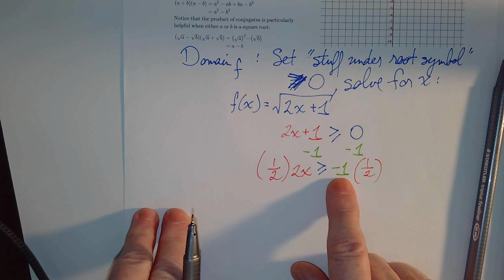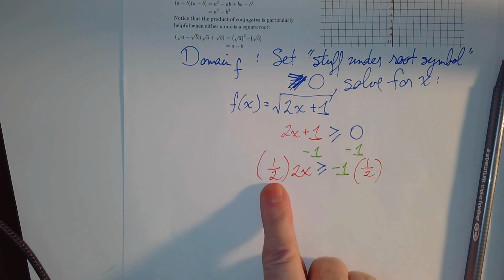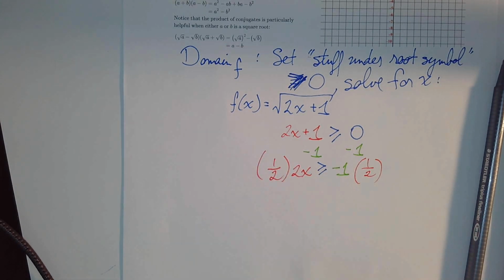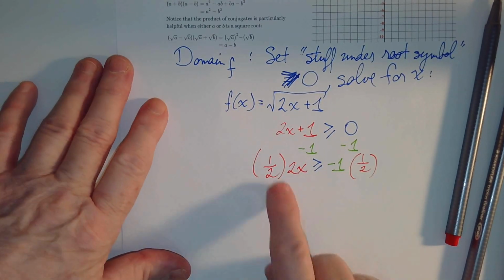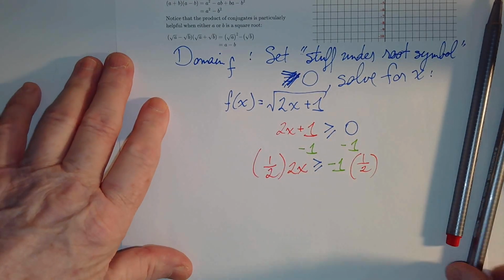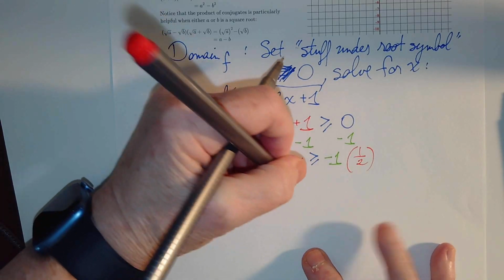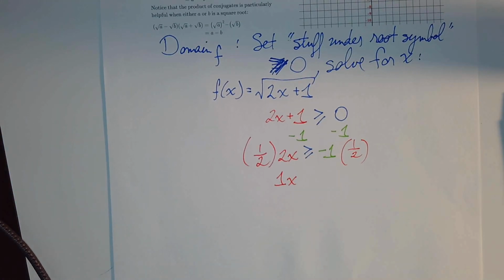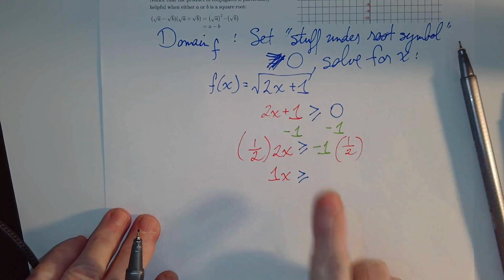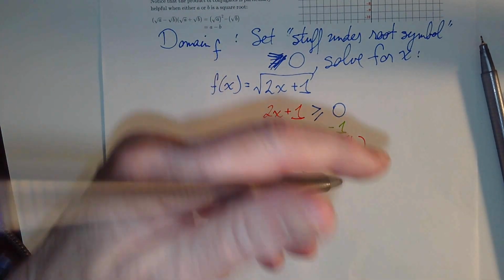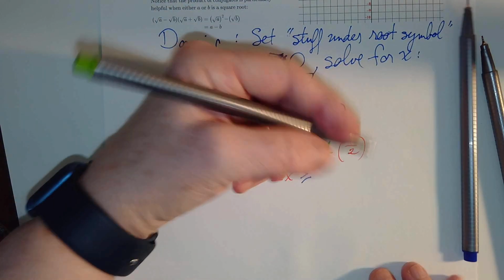And I see that this number I'm multiplying by is positive, so I'm groovy. I don't have to worry about weird signs. 1/2 times 2 is 1, so we just get 1x on the left. x is greater than or equal to negative 1 times 1/2 is negative 1/2.